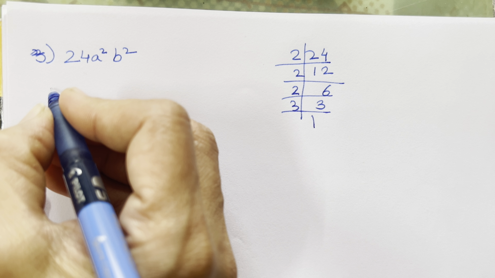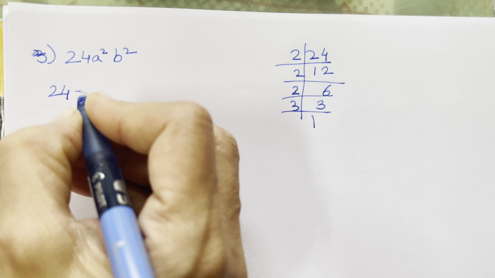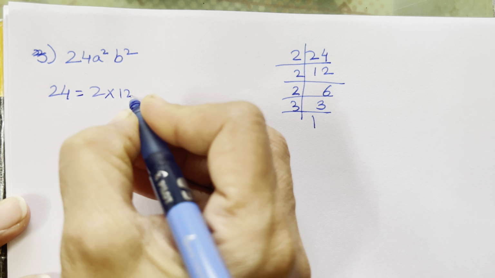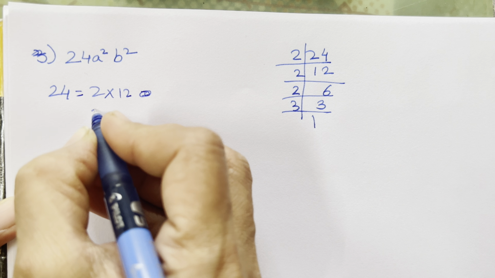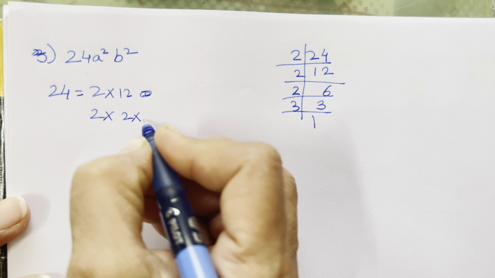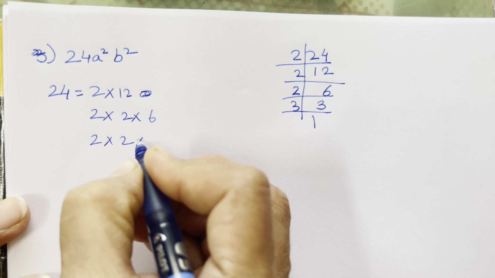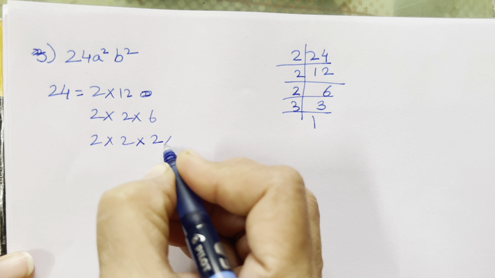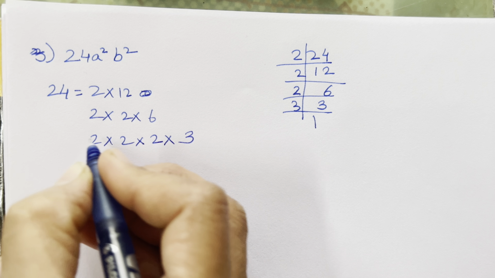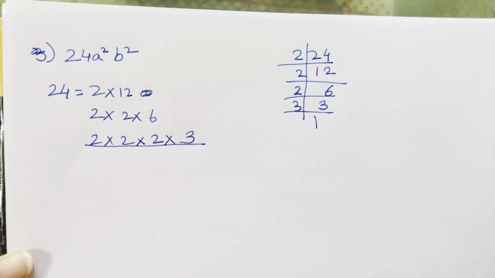So what are going to be the factors? 24 is equal to 2 into 12, then 2 into 2 into 6, 2 into 2 into 2 into 3. So these are the final factors that you have to write.